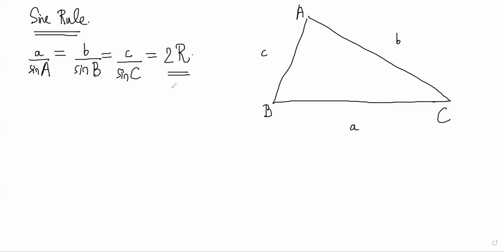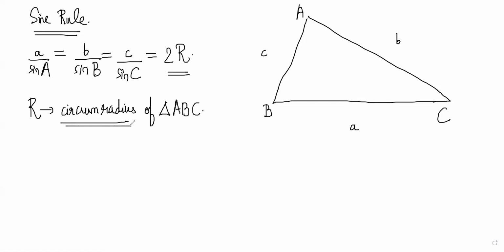And 2 capital R, here capital R means circumradius of triangle ABC. Do you understand the meaning of circumradius? Yes, sir. The radius of circumcircle. Right. So notice first the way the rule is structured.